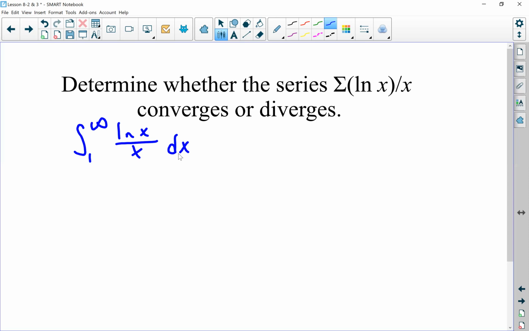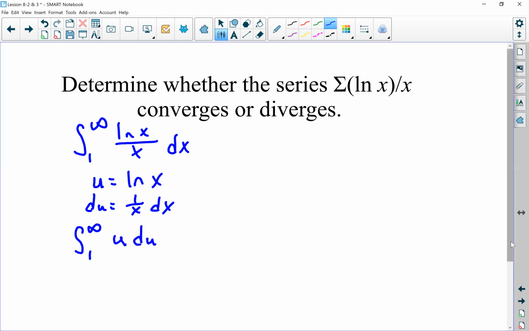But in this case, this is a substitution problem. And it's that one time in 1,000 where using substitution and our u is not the denominator. I'm going to leave the limits as 1 to infinity. So I get u, and the 1 over x dx gets replaced by du.